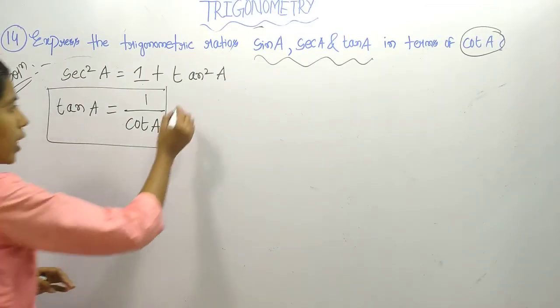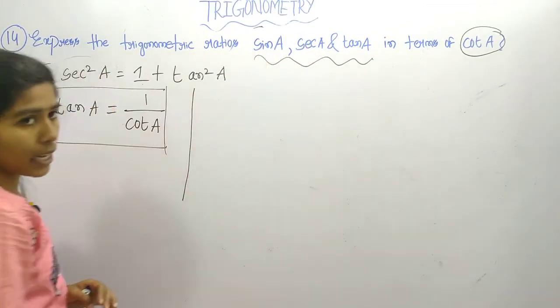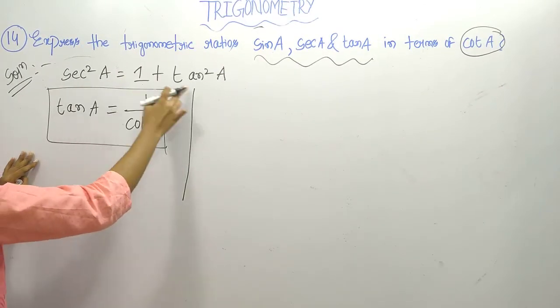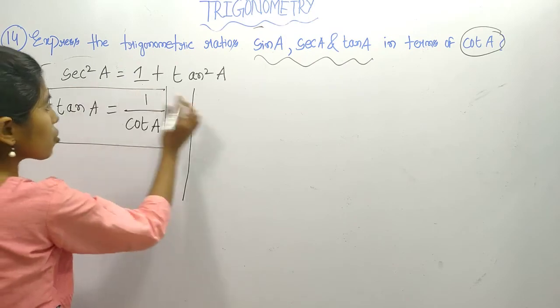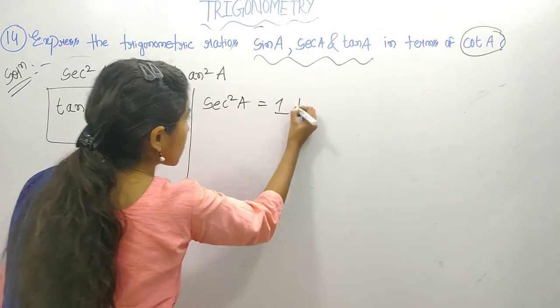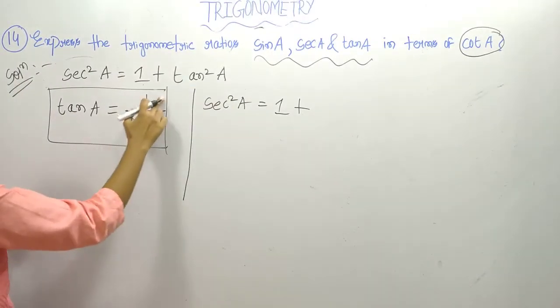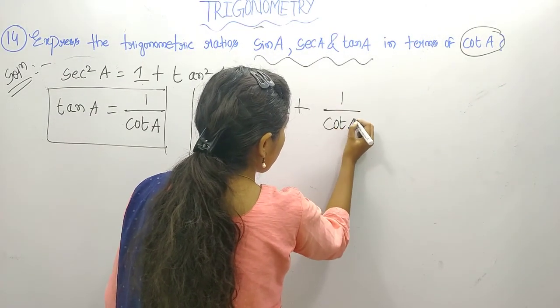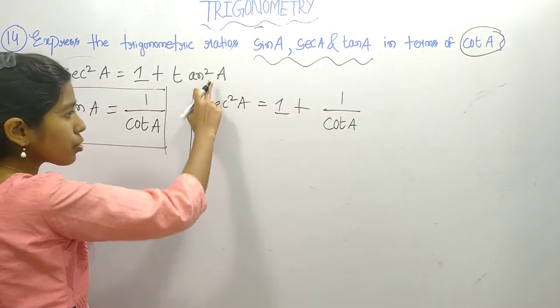Okay. So next we have to find sec A in terms of cot A. So here you see sec square A equals 1 plus tan square A. So sec square A equals 1 plus, here tan A is 1 by cot A. So instead of tan A we will put 1 by cot A. Here you see square is there.